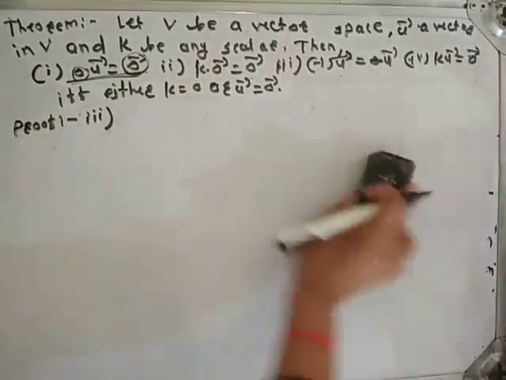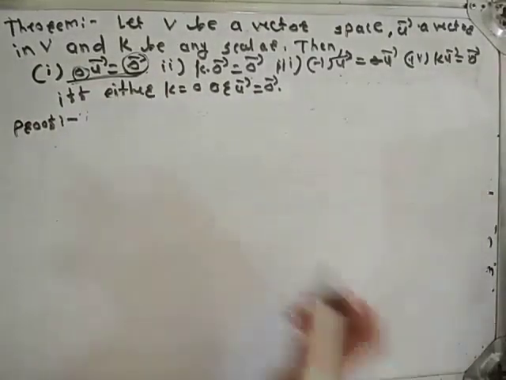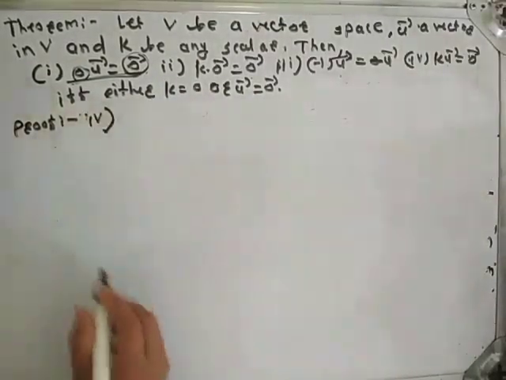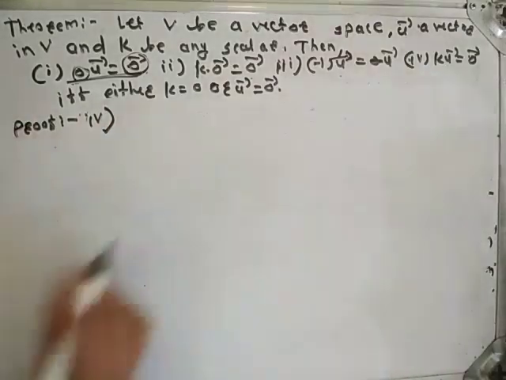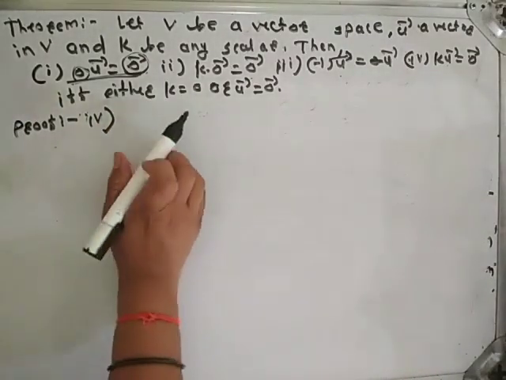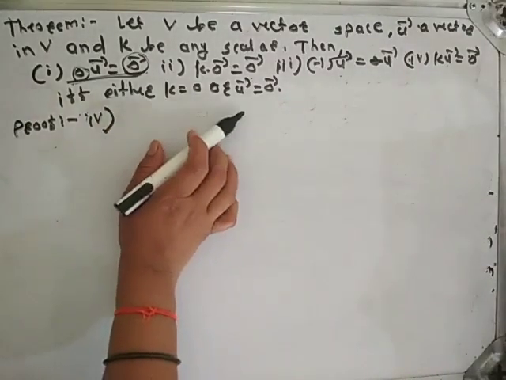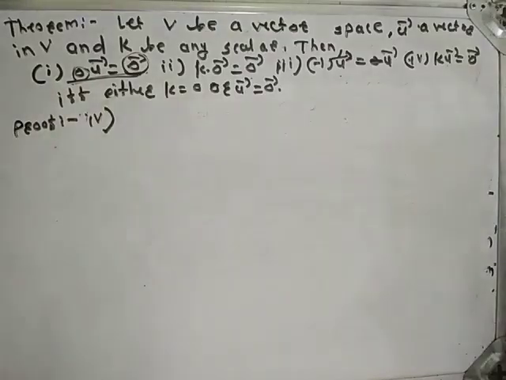Now we will prove the fourth part. In the fourth part we have to prove that k into u bar is equal to 0 bar if and only if either k is equal to 0 or u bar is equal to 0 bar.